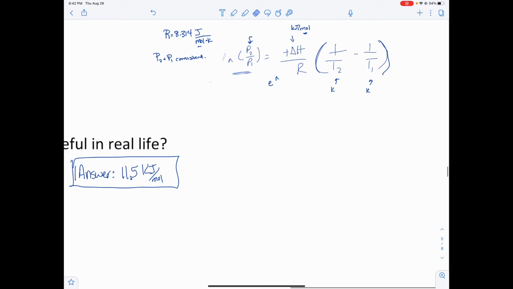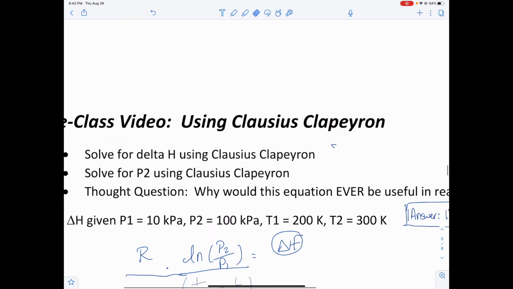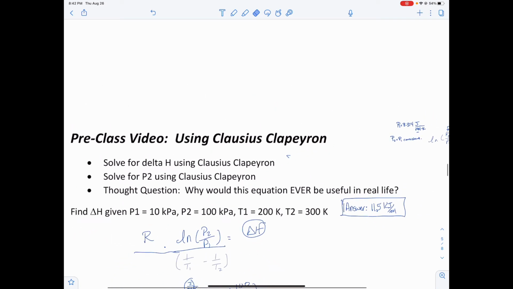All right, so, whoops. My first problem is going to be over here, and if you'll notice in the given problem information, we have a P1, so that's good. We have a P2, we have a T1 and a T2, and it wants us to solve for delta H.